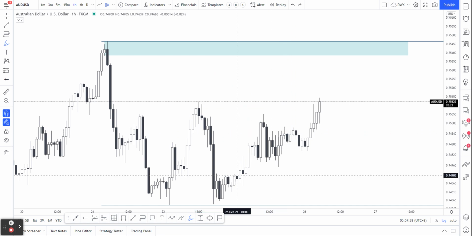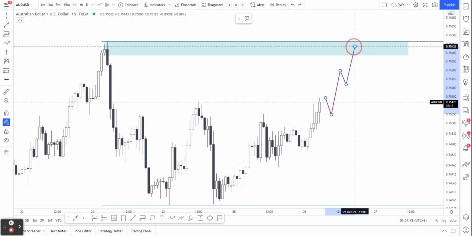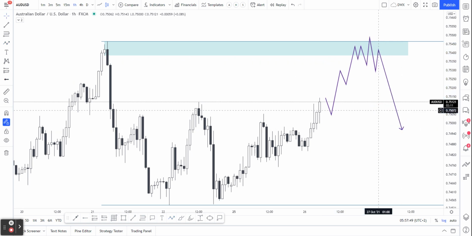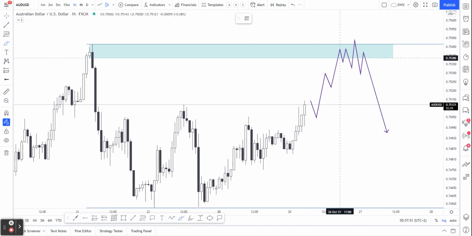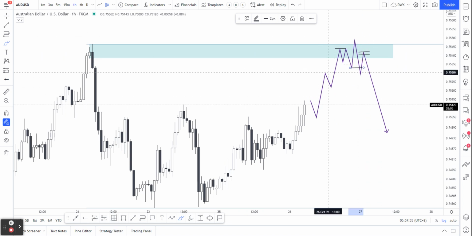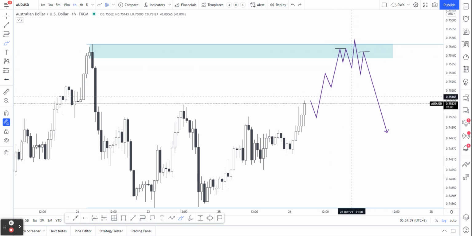So I do think that there's potential that we could see price moving very nicely back towards the upside and then looking for an entry in this area, maybe a sweep, a structure break, and then for price to continue towards the downside. So it's very important to see some price action in this line of thinking for us to take a short from this area. So it's something that's on the table.